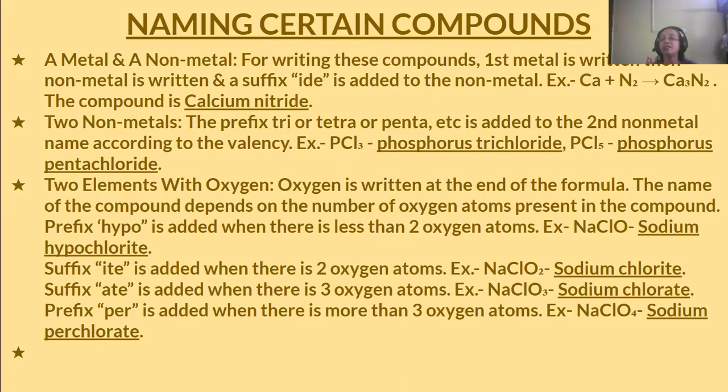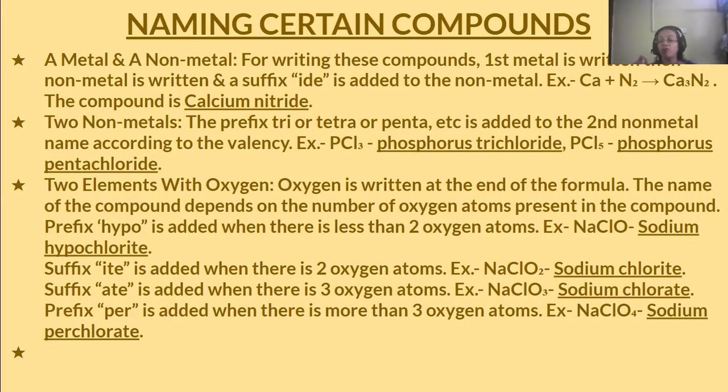See, NaClO. Two elements are there: Na, that is sodium, and chlorine, Cl, and also oxygen. But see, here one atom of oxygen is there, so it's less than 2. Therefore, we add a prefix known as hypo to the name of the compound.